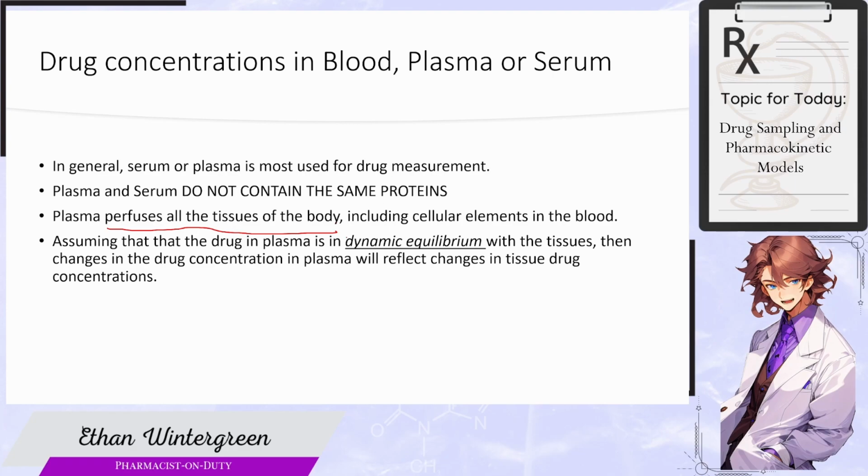So that's the purpose of dynamic equilibrium. Tissue concentration equals plasma concentration. And this is important since we don't usually get tissue concentration, we only get plasma concentration. And when we get plasma concentration, we also get tissue concentration since the plasma is in dynamic equilibrium.